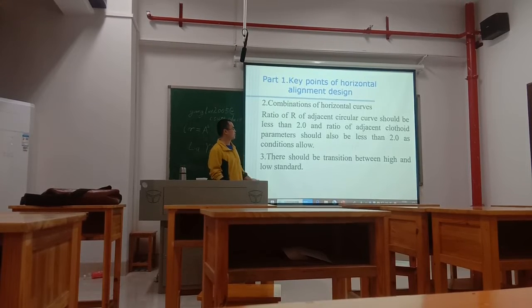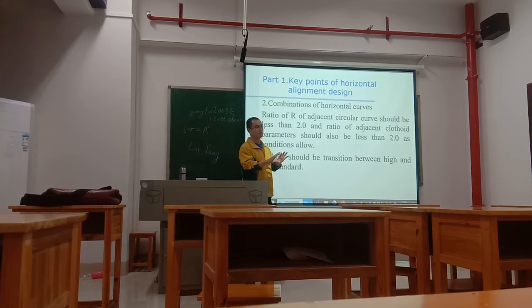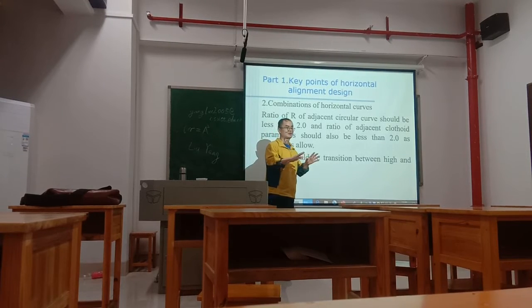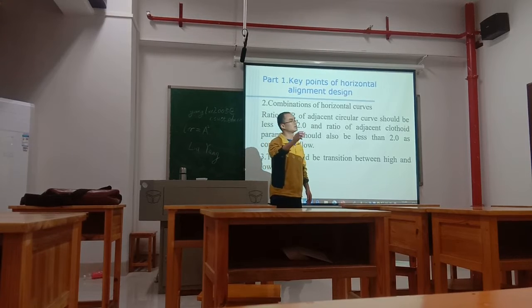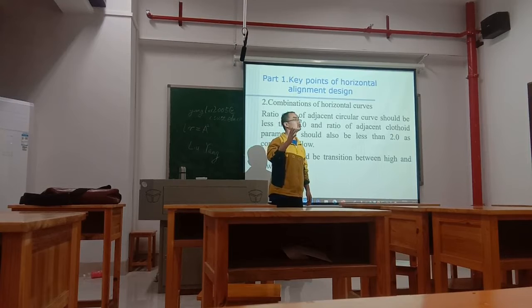For example, the last section of the highway has a design speed of 80 kilometers per hour, but the next section is 60 kilometers per hour.